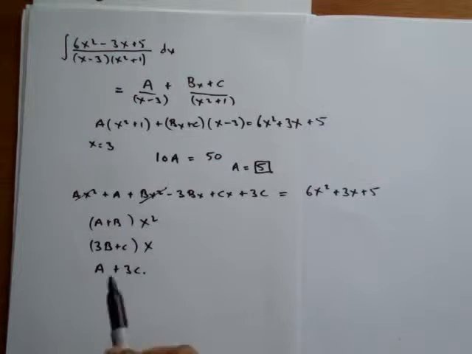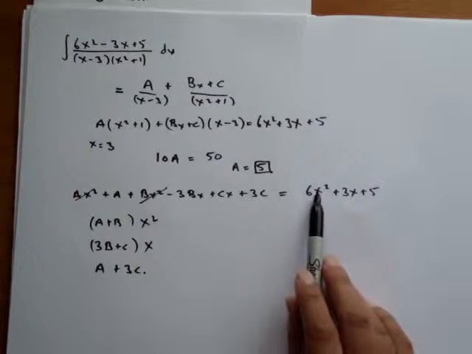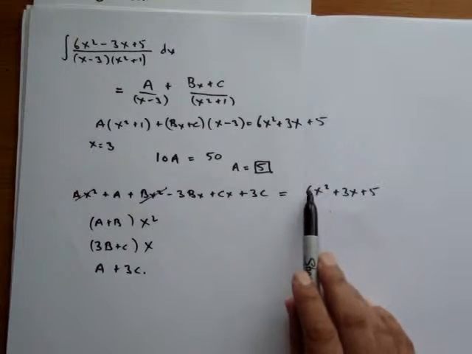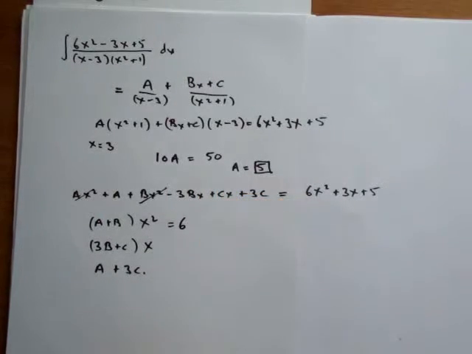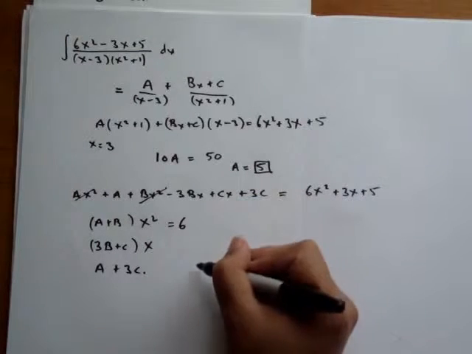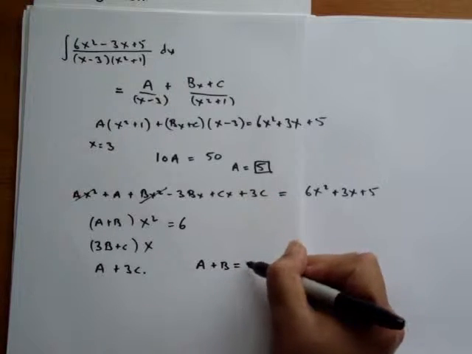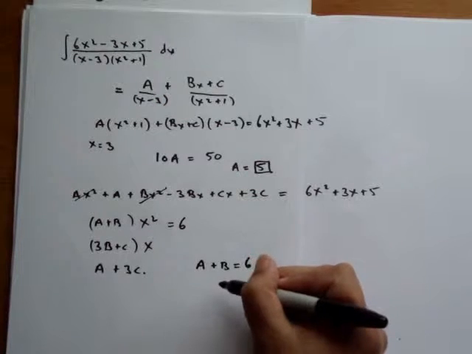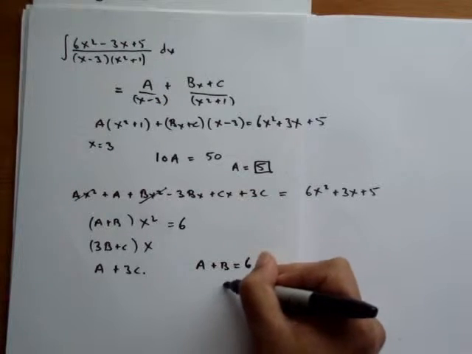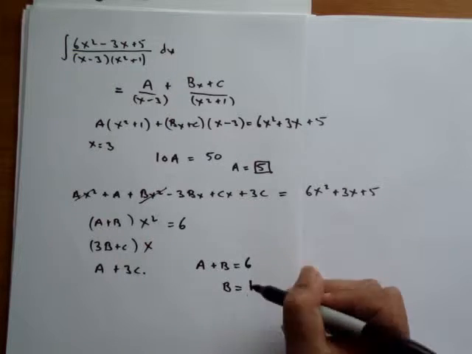Now what we do is we look at the x squared here and the x squared here and compare the coefficients. So this is 6, so here this will equal 6. So A plus B equals 6. We know our A is 5, so our B equals 1.